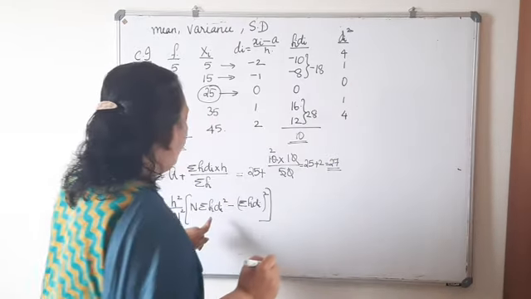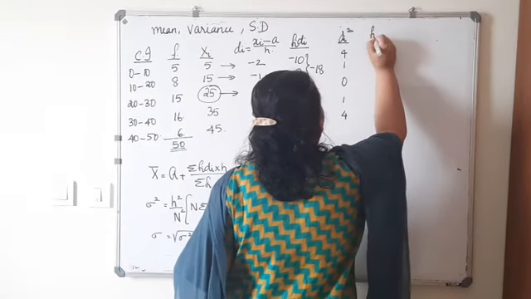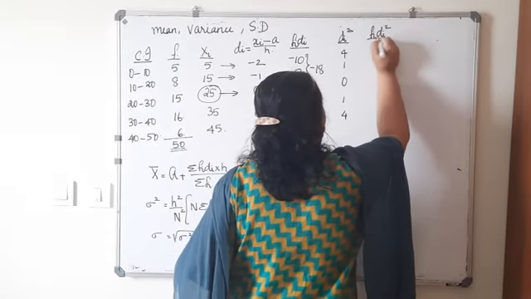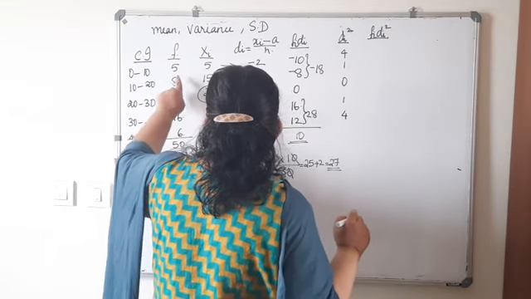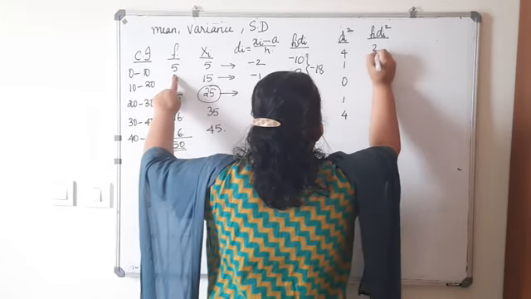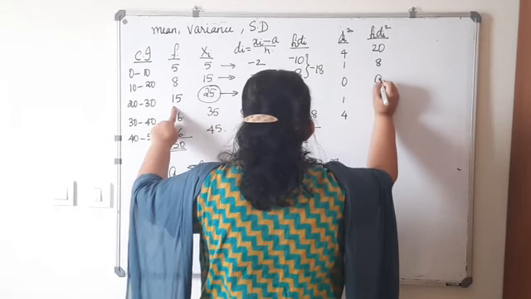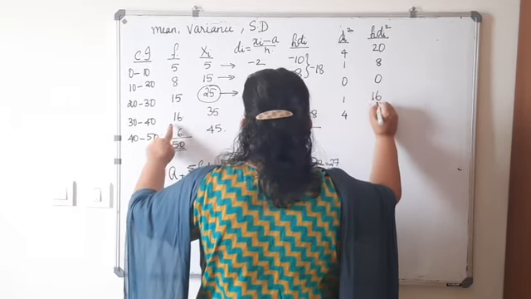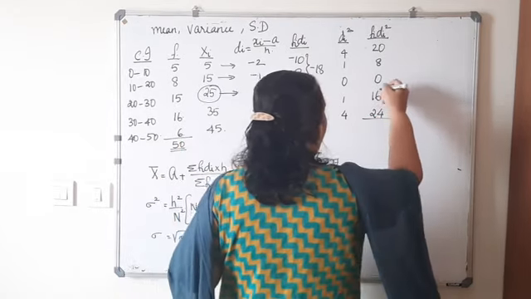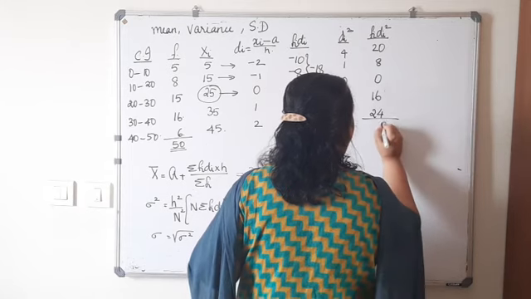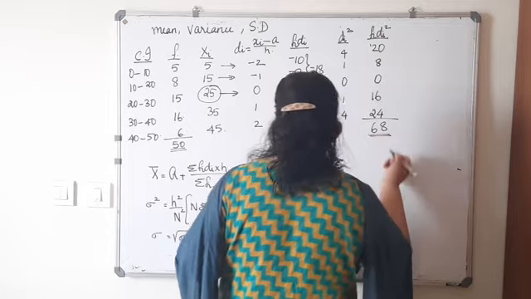And next column will be fi into di squared. 5 into 4, 20. 8 into 1, 8. 15 into 0, 0. 16 into 1, 16. 6 into 4 is equal to 24. Add together: 20 plus 8, 28, plus 16, 44, plus 24, 68.